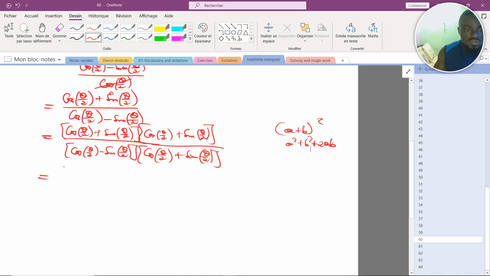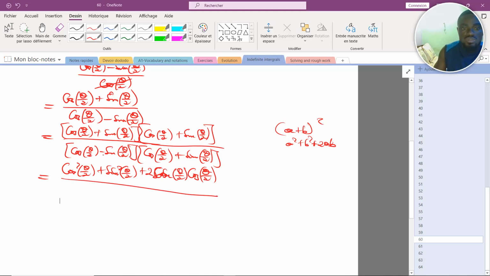So this will give cos square theta on 2 plus sine square theta on 2 plus 2 sine theta on 2 cos theta on 2, all over, this is a difference of two squares, so I'll have cos square theta on 2 minus sine square theta on 2.